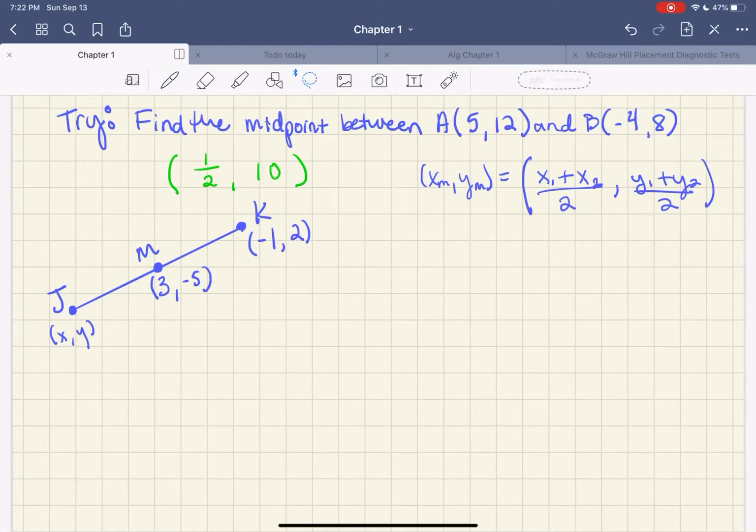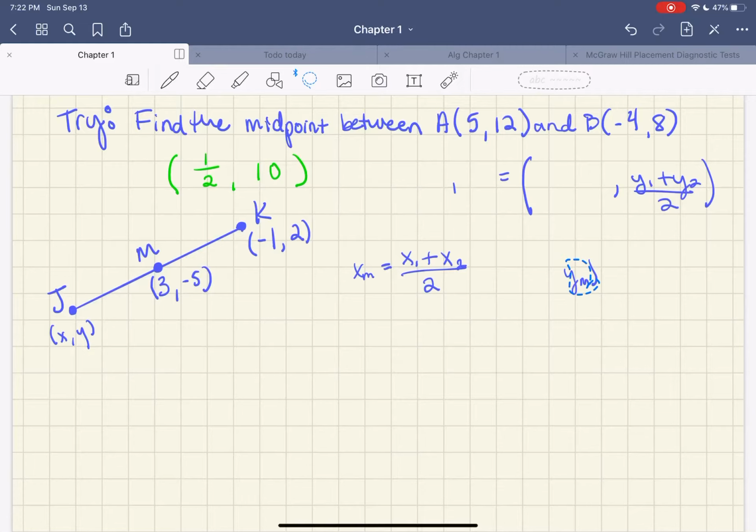So here's what I'm going to do. I need to work backwards, so I know this, and I know part of this. I'm just going to take those away from each other, kind of separate it out from the rest of the group, put an equal sign, plug in what I know, and solve. And then the same over here.